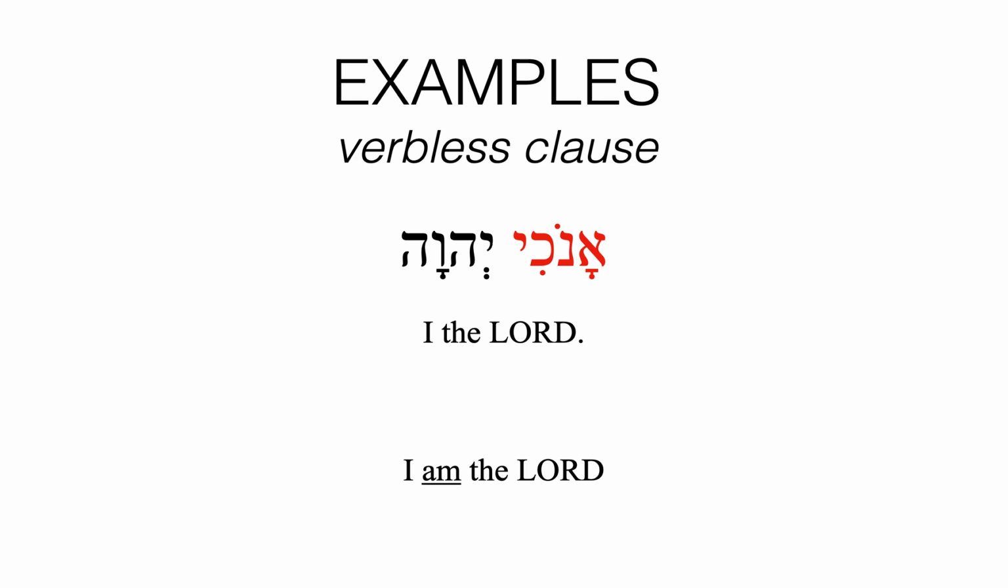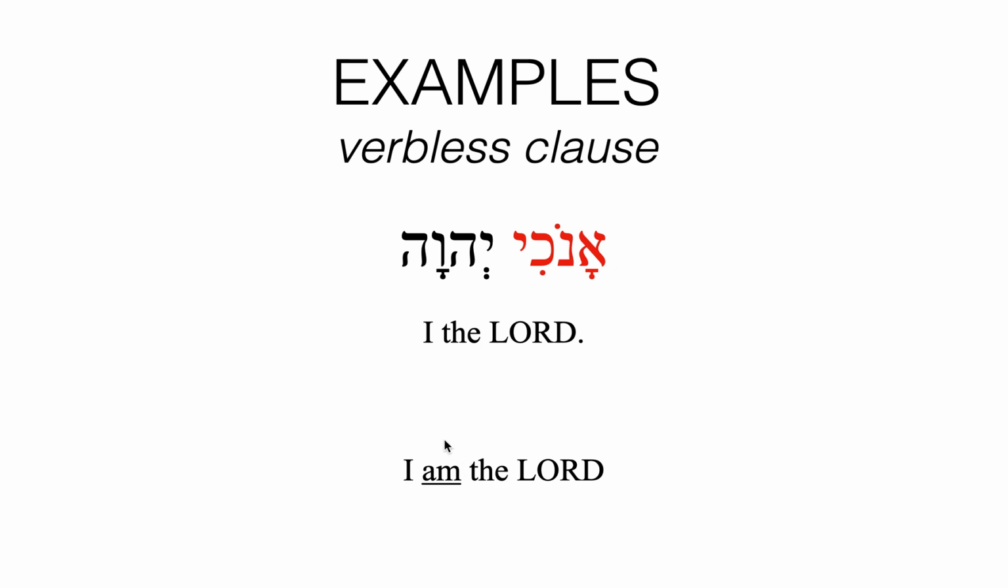So for the first one, we have Anochi Adonai. Adonai is a noun, it's a name, it's a proper noun, and Anochi is our pronoun. Anochi means I, so a literal translation would be I, Lord. However, because this is a verbless clause usage, we are missing a verb.